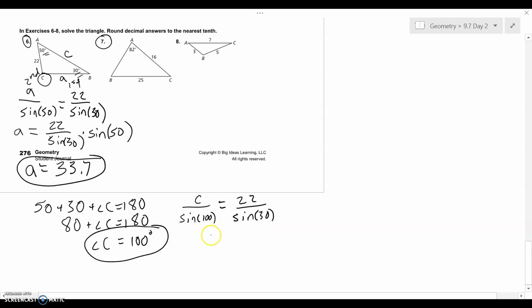So then just like we did before, I'm going to multiply both sides by the sine of 100. So I've got 22 over the sine of 30 times sine of 100. And I'm just going to punch that whole thing into the calculator to get what side C is. So just using law of sines, and using the fact that triangle degrees add to 180, that's our second piece. And then our third piece, what we're doing right now, is getting little side C.